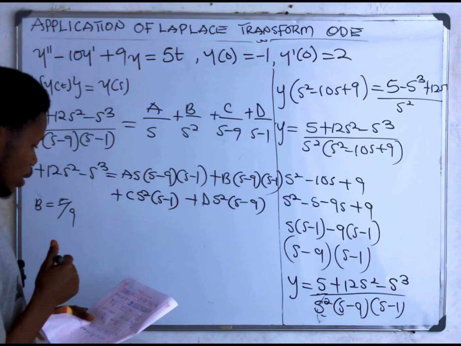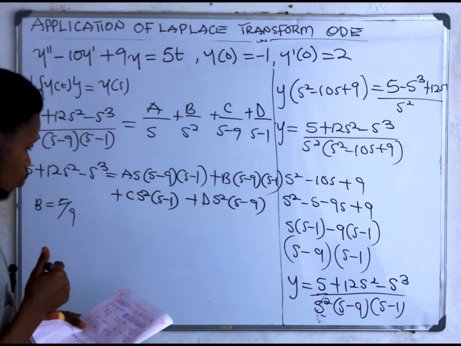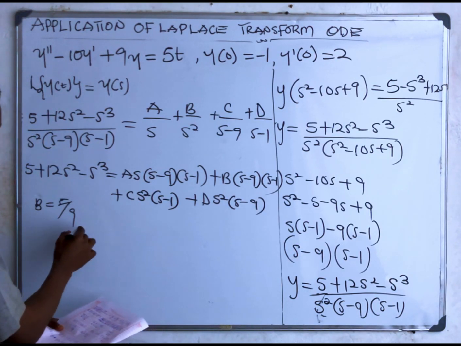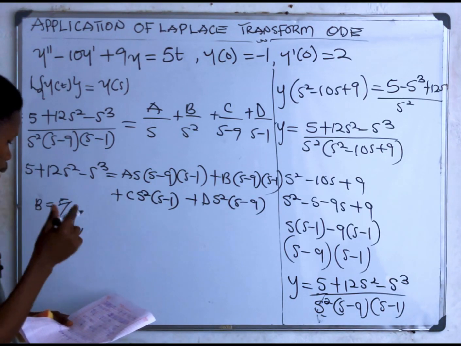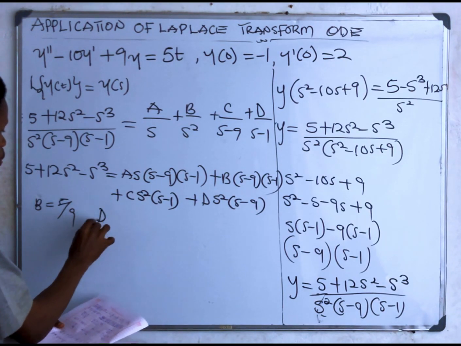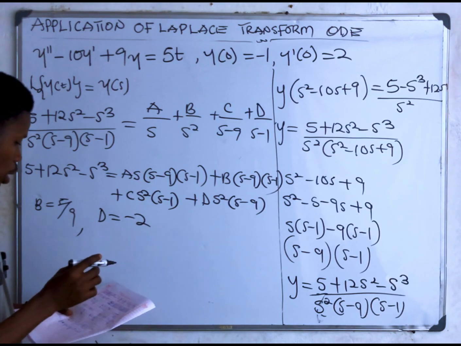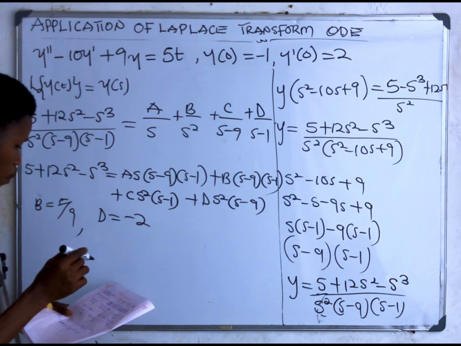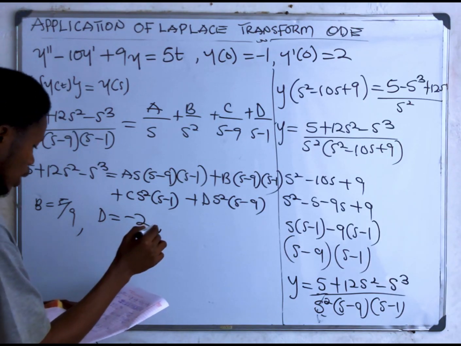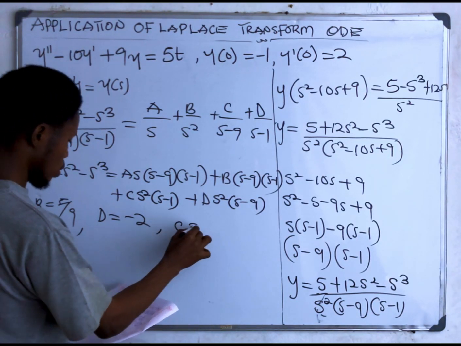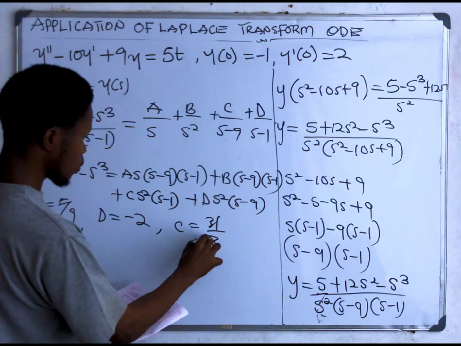Then also, if I take s to be 1, then I get D to be -2. Then if I take s to be 9, then I'll get C to be 31/81.